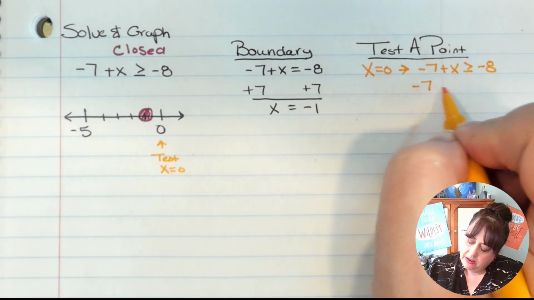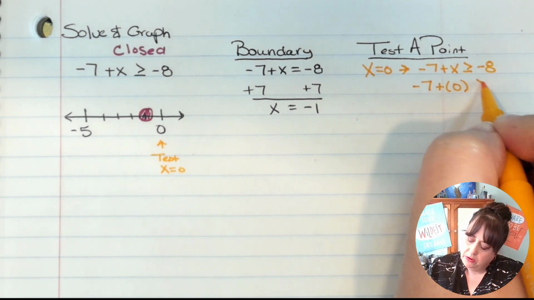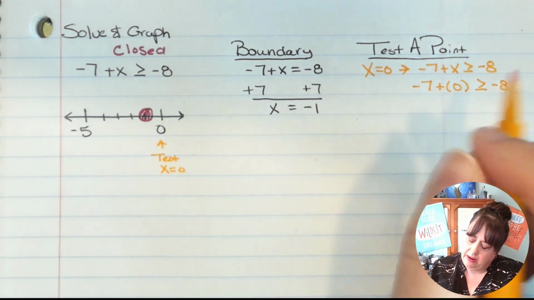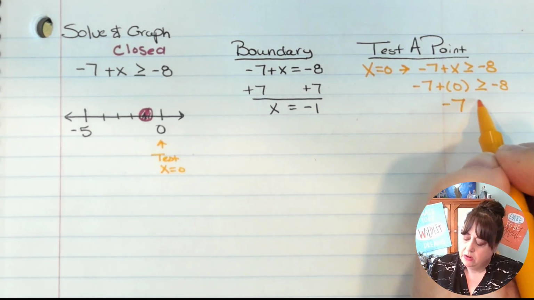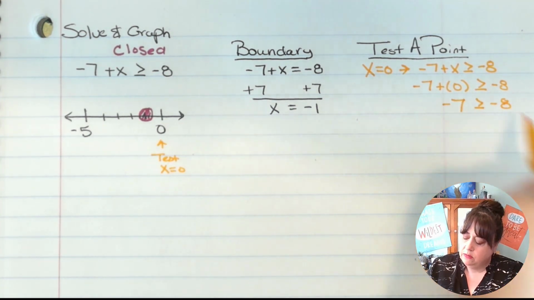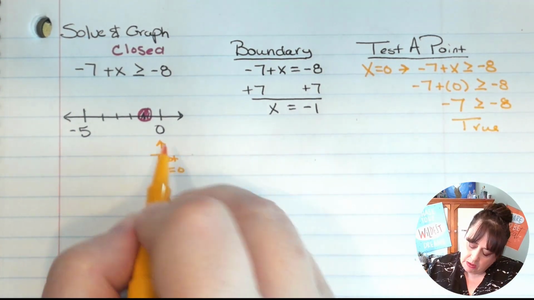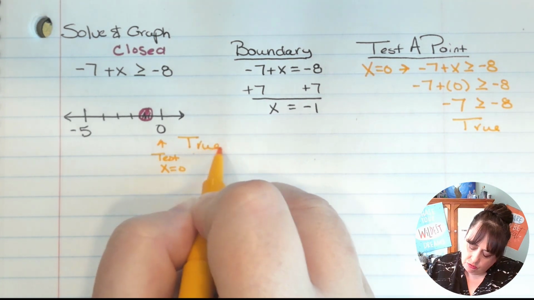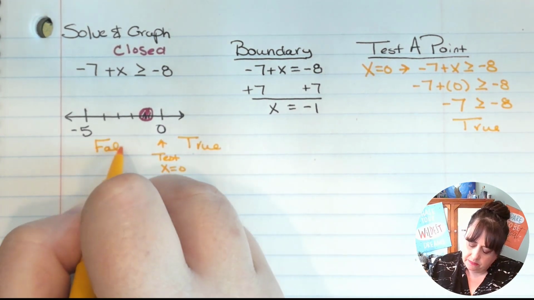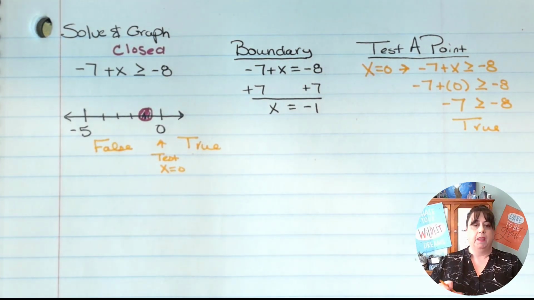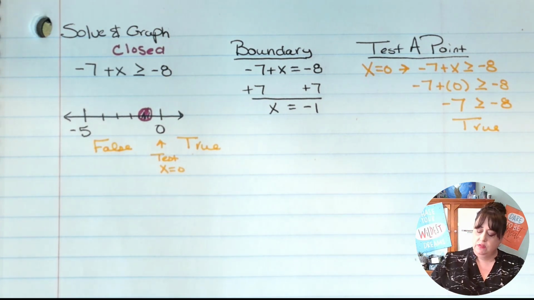So is negative 7 plus 0 greater than or equal to negative 8? So is negative 7 greater than or equal to negative 8? And the answer to that is true. So that means that this side is true and this side is false. So we always shade over the true side.